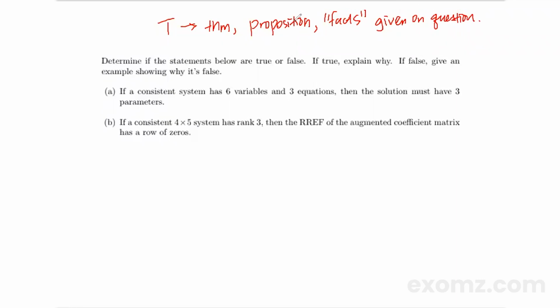Notice that you can't just give me one example. If I'm proving something that is true, you can't just give one example for that. However, if I'm proving something that is false, then only one counterexample will suffice.